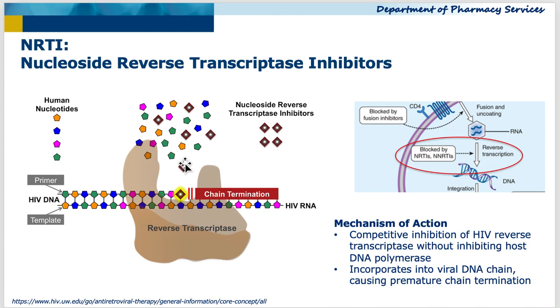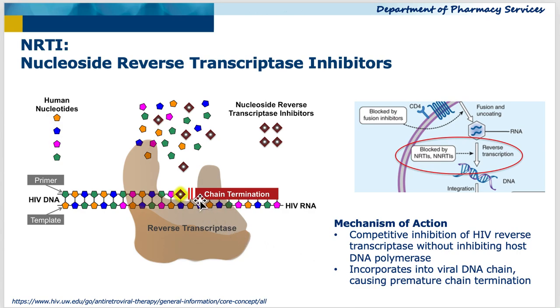So these guys are going to be competing and binding against human nucleotides that are freely floating around. Once they outcompete regular nucleotides, they will bind into the chain as essentially a nucleotide and incorporate themselves, causing premature chain termination.